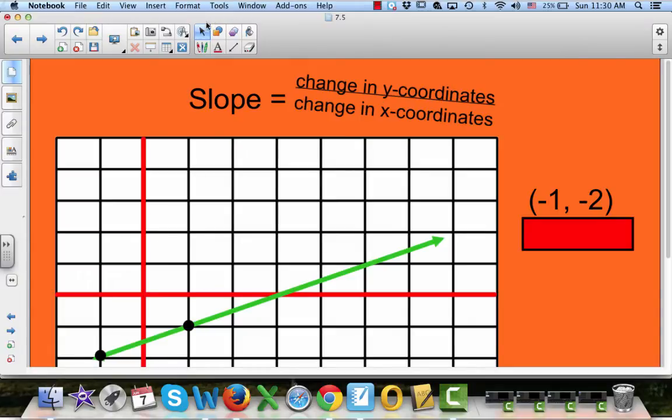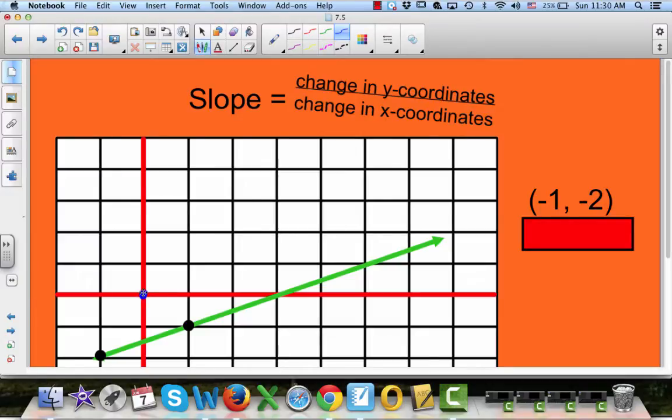This is our starting point. It's called the origin. It's called 0, 0 because it is 0 up and 0 down. It is 0 to the left and 0 to the right. So we call that 0, 0, the origin. It's where everything originates.